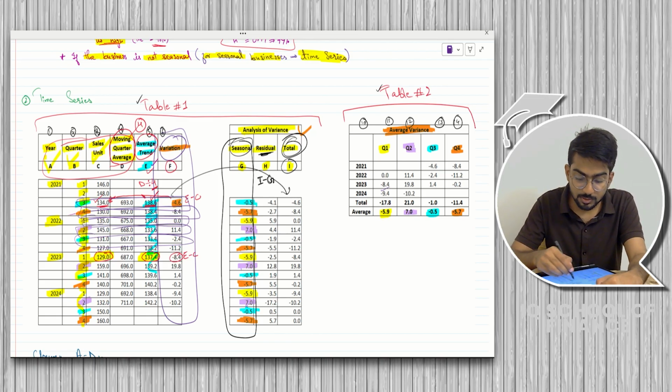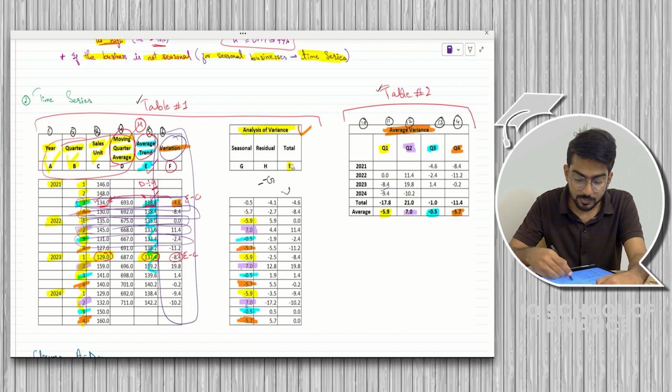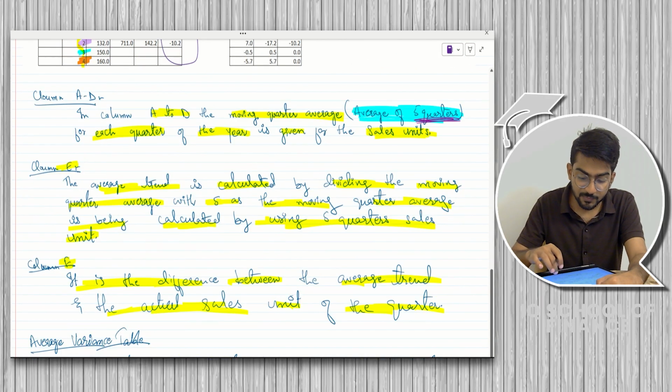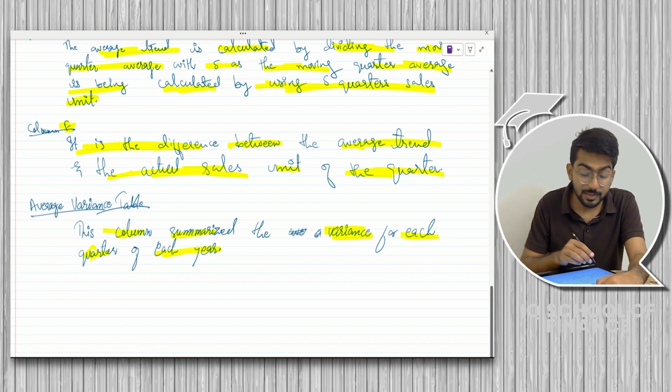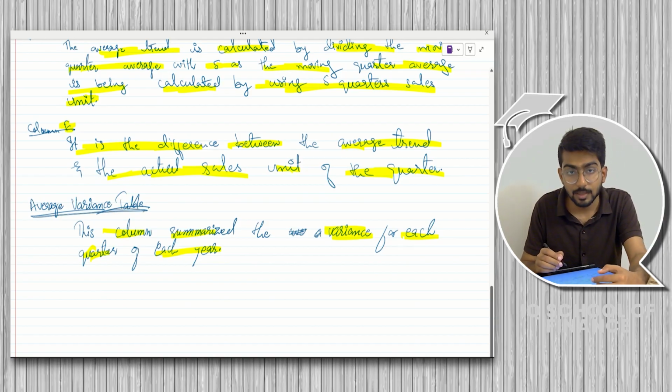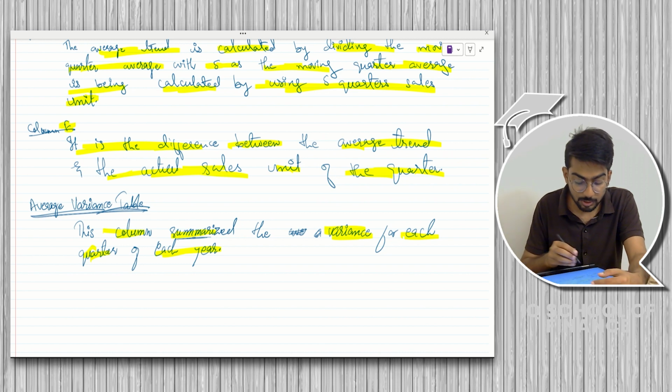So that is how this table has been constructed. Okay, so let us write. First we have to complete this paragraph that we have just talked about, that this column is summarizing the variance. This table is also giving us the quarterly average, right? The average variance of each quarter.